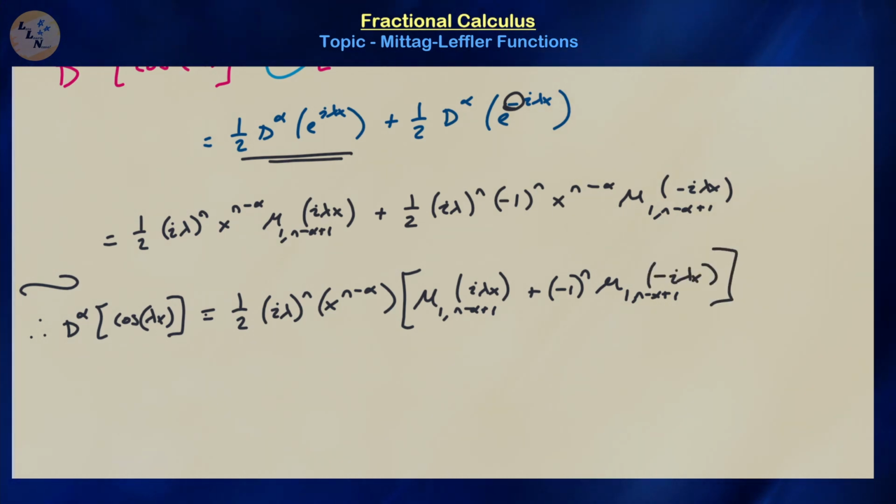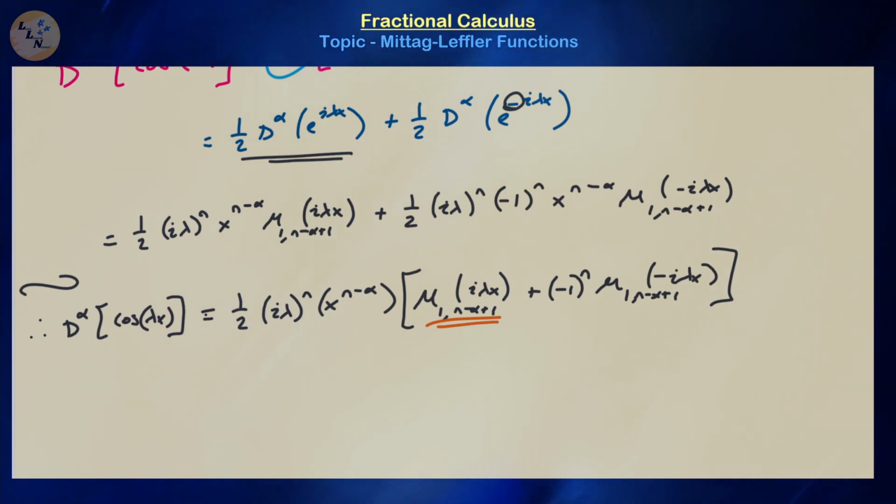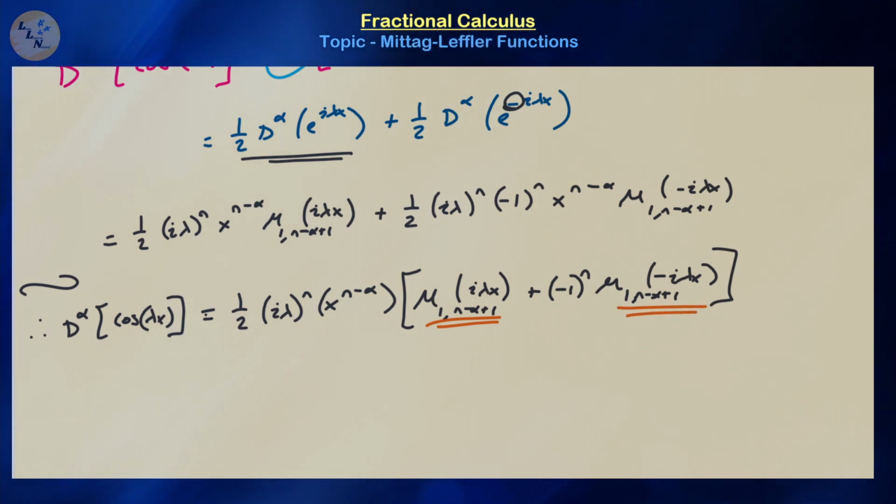And if you want to explore Mittag-Leffler functions in more detail, maybe you want to consider the relationship between Mittag-Leffler alpha beta of i lambda x and Mittag-Leffler alpha beta of minus i lambda x, because they definitely do share some symmetry, at least in some sense. So that is the fractional derivative of cosine.